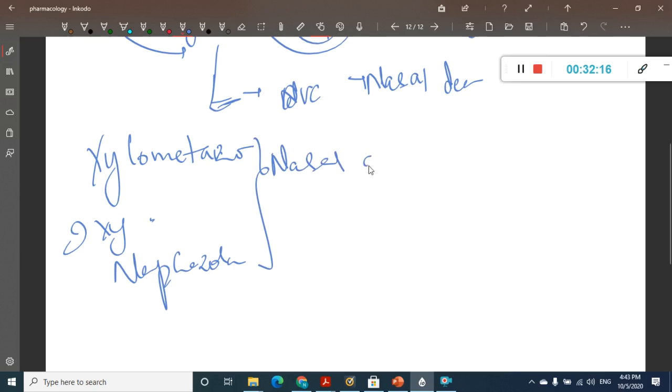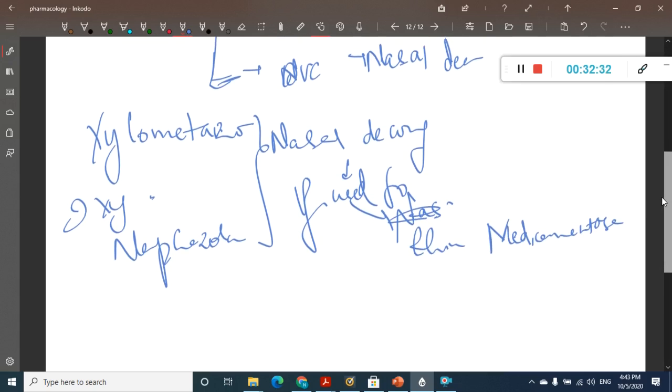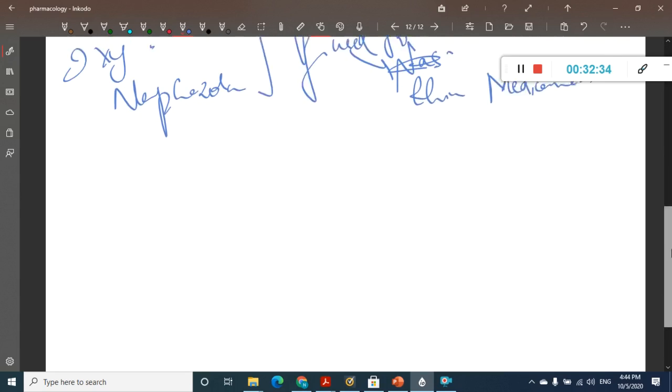All these are used as nasal decongestants, and if they are used for a longer time, this will cause something called rhinitis medicamentosa. So these are nasal decongestants.